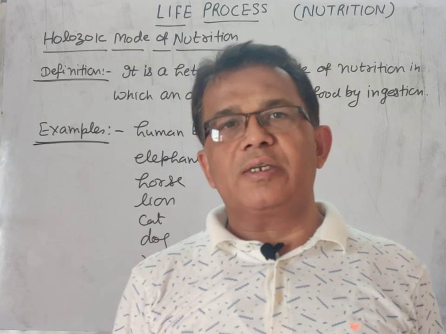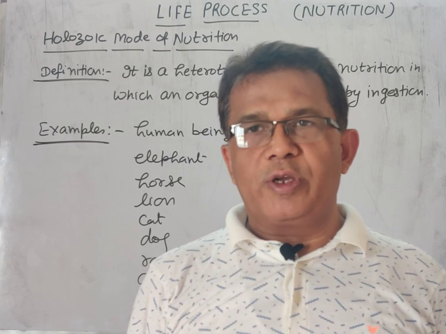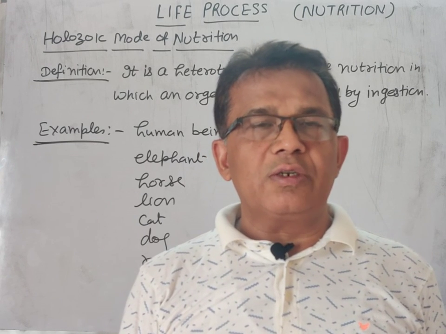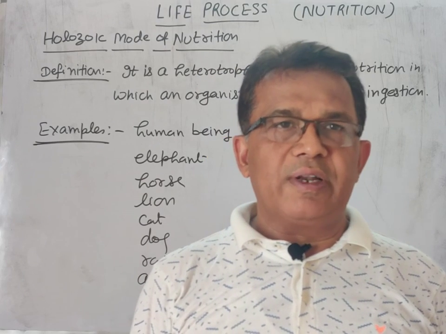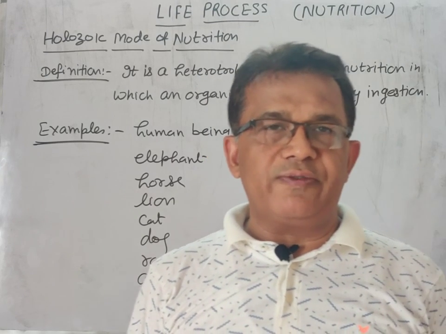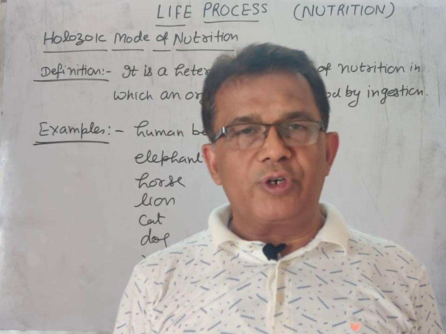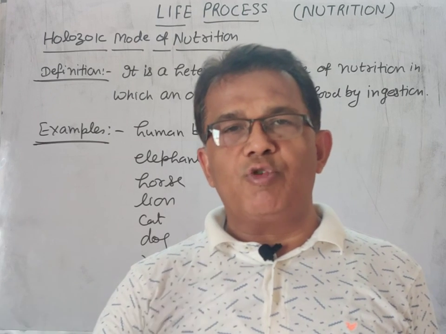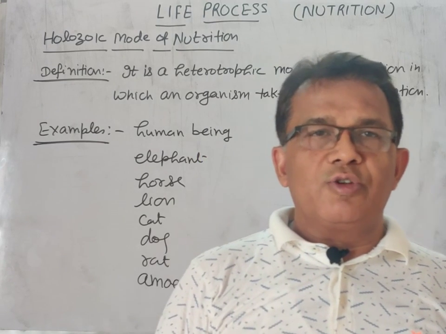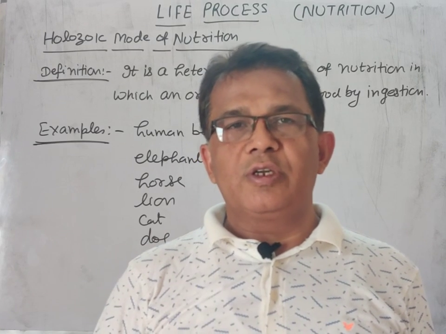Nutrition can be either heterotrophic or autotrophic. In autotrophic nutrition, an organism prepares its food itself, like green plants and autotrophic bacteria. In heterotrophic mode of nutrition, organisms do not prepare their food themselves but take the food prepared by others. So organisms are also of two types, autotrophs and heterotrophs.